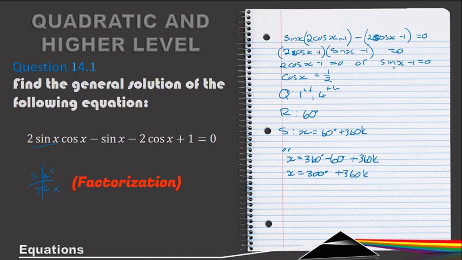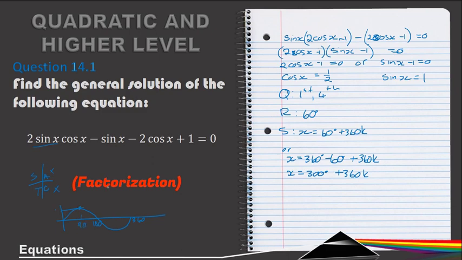Right, moving on to the other one, we've got sine x is equal to 1. So once again, I'm just going to use my graph, and I'm going to look at the sine graph, which looks like this. Over here I see 1. This is where 360 lies, this is where 180 lies, and this is where 90 lies.